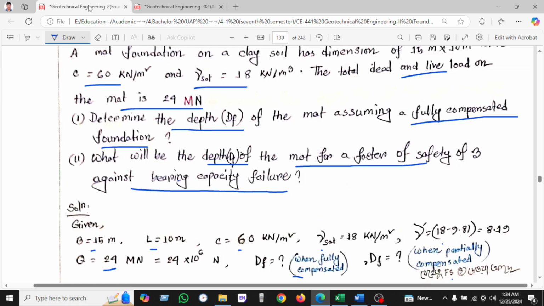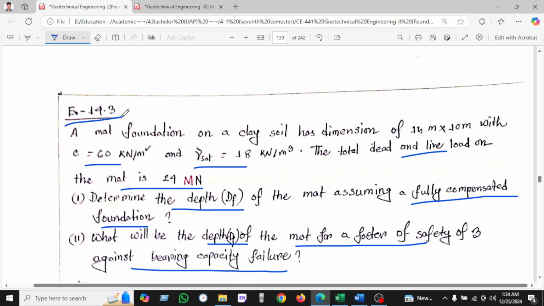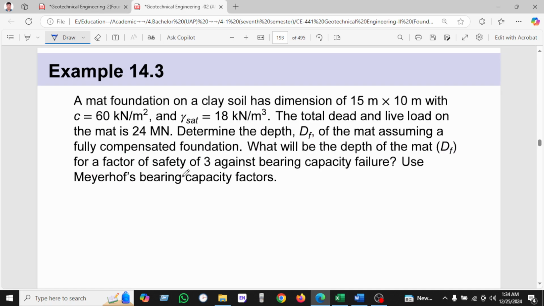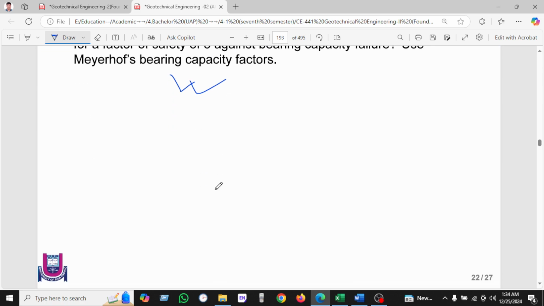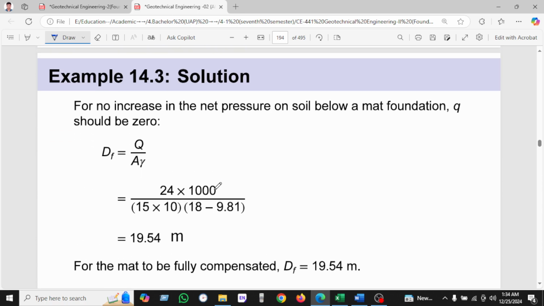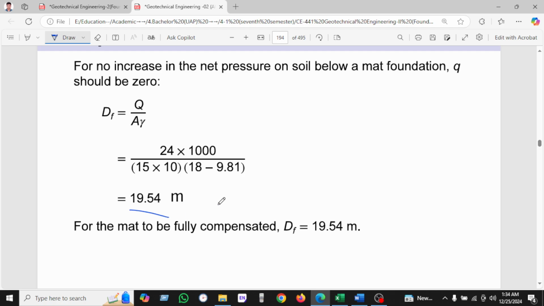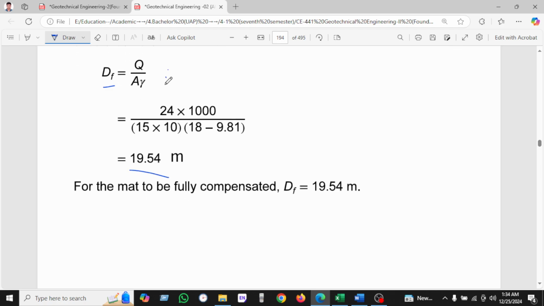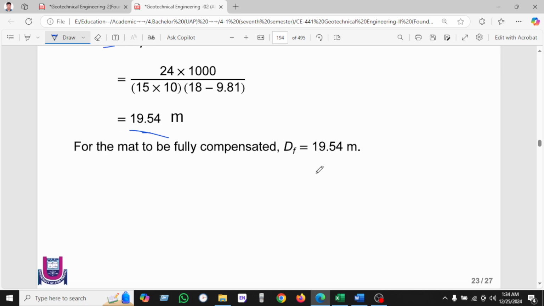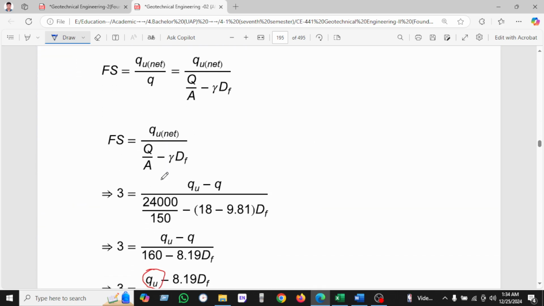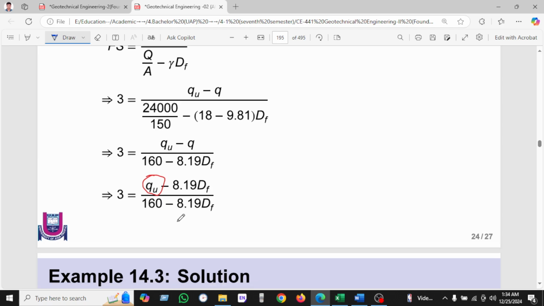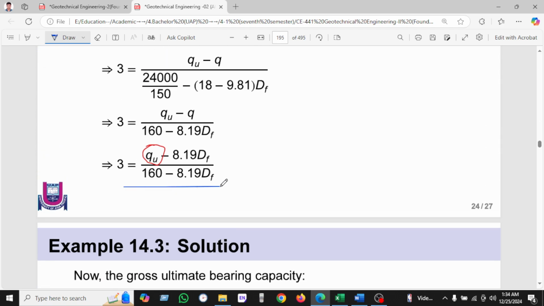So we can say this mathematics and this mathematics are all the same math. I have calculated it here. So let's see again. We found the depth DF equal to Q by A gamma prime, which is 19.4, for the mat to be fully compensated, and the factor of safety you can see here, and this is an equation.